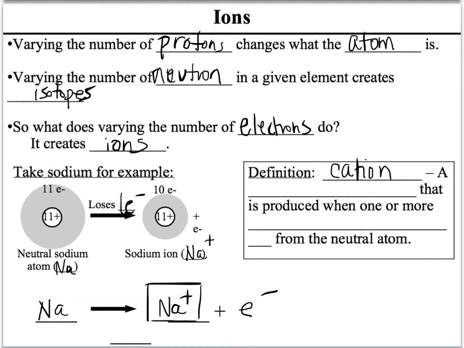A cation is a positive ion that is produced when 1 or more electrons are lost, and this is the symbol we use for electrons, an e with a negative sign. So these are cations. You're losing electrons, so you're creating positive ions.